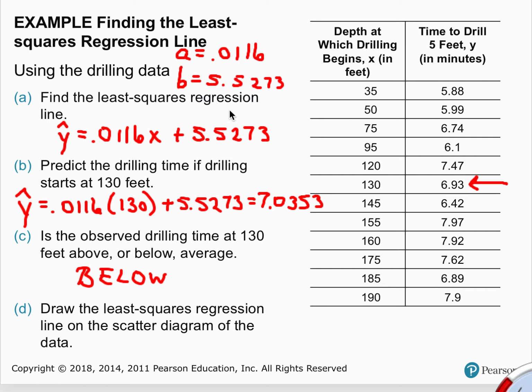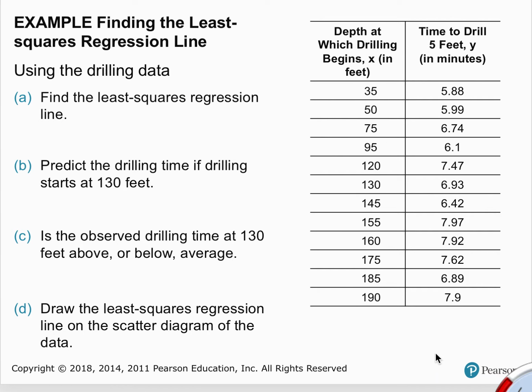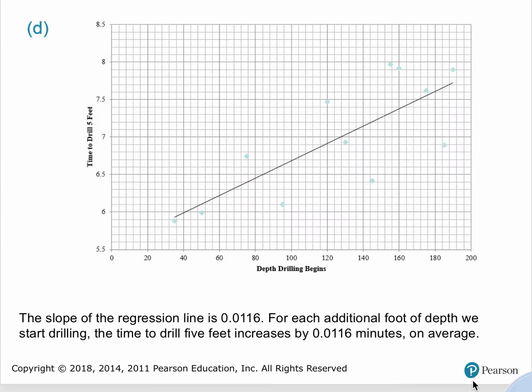Go back to your ZoomStat menu and it will draw that line right on top of your scatter plot for you. Don't forget you can do a trace if you're doing this by hand and need to draw that; it will tell you the values of enough points so that you can put it on your paper by hand or wherever you need to draw it.